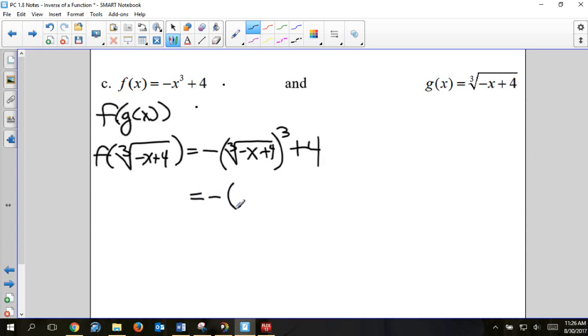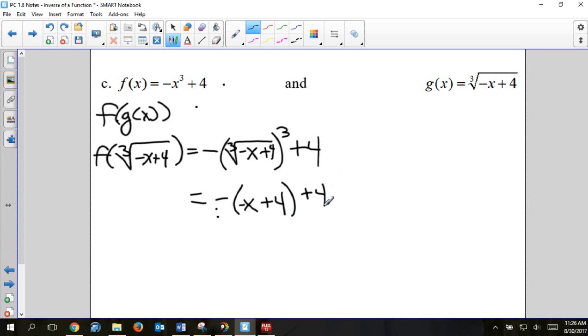So I'm going to have negative, and I'm going to cube the parentheses, and the cube root cancels. I apologize that my board is deciding to do these extra dots today. I've switched the battery, so I don't know what's going on with it. But I'm going to do negative x plus 4, and the cube root and the cube cancel, plus 4.